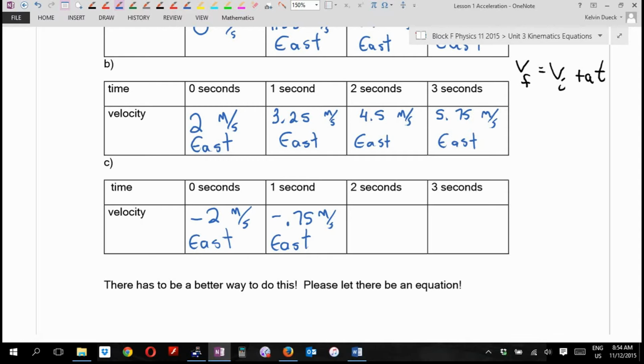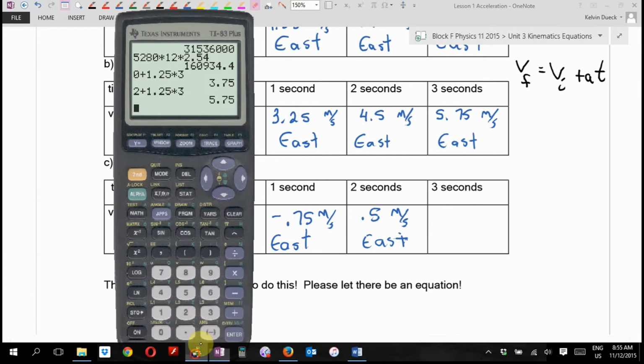After 2 seconds, how fast will we be going? 0.5 meters per second east. Somewhere in between 1 and 2 seconds, we change direction. Now, we can keep using this chart pattern, or if you were clever, you could have gone like this.